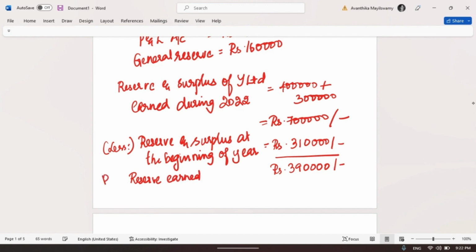Reserve as well as P&L. So P&L and reserve earned during the year. So this is for the whole year.